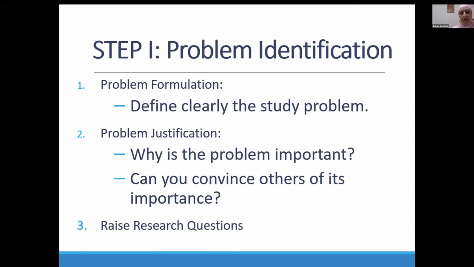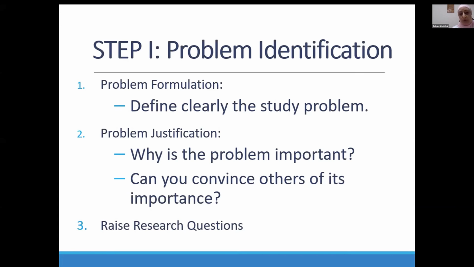Okay, so when I'm talking about problem justification, we have two issues that some of you have already stated. We have to identify the importance of the problem in order to have the ethical approval for conducting this research.